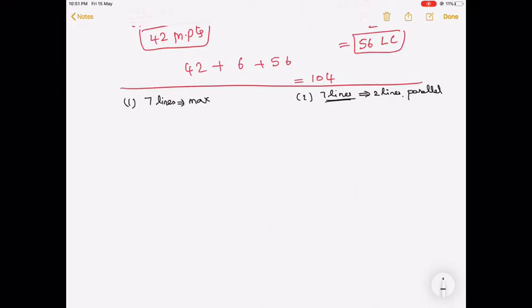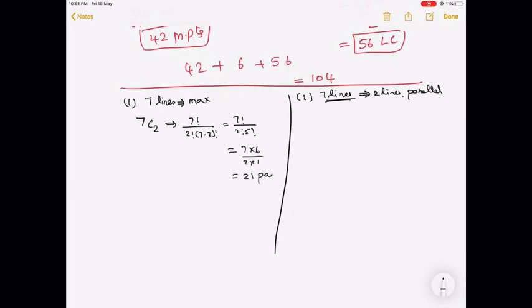In the first case, there are 2 ways in which I can do it. One method is from 7 lines, I can create 7C2 pairs of lines. Therefore, there will be 7 factorial by 2 factorial into 5 factorial, which is 7 into 6 by 2 into 1, which is 21 pairs of lines.